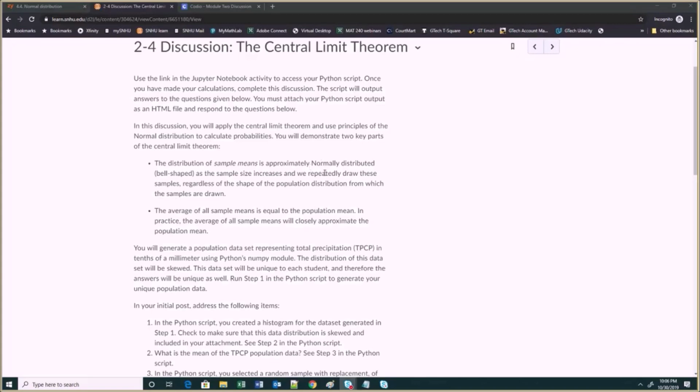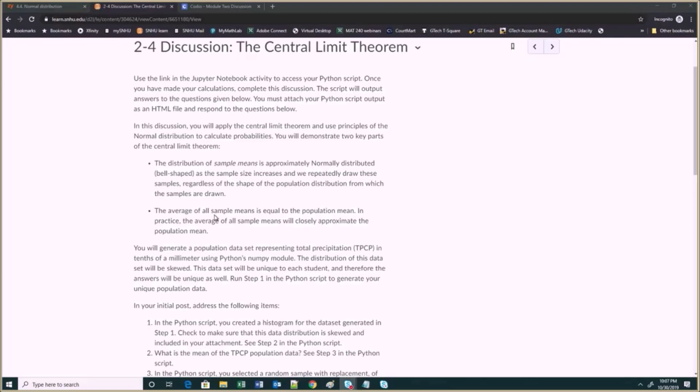We will demonstrate that. The second point is that the average of all sample means is equal to the population mean. In practice, the average of all sample means will closely approximate the population mean. What this means is, remember I drew 1,000 samples from the population, so I have 1,000 sample means.